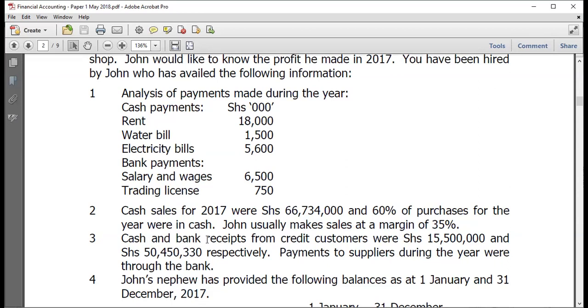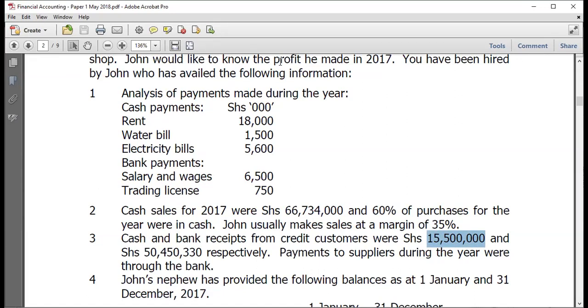They're telling me the cash at bank receipts from credit customers were 15 million, okay? So as this was direct sales that were sold on cash, we also have cash and bank receipts from credit customers, okay? So I'll just go ahead to record these as well. So this is 15 million, okay? 15,540.